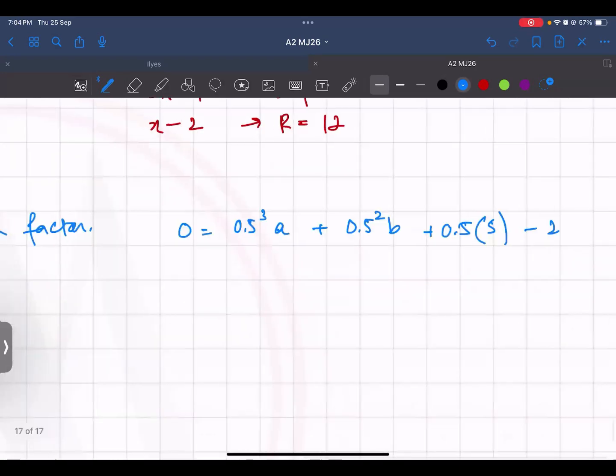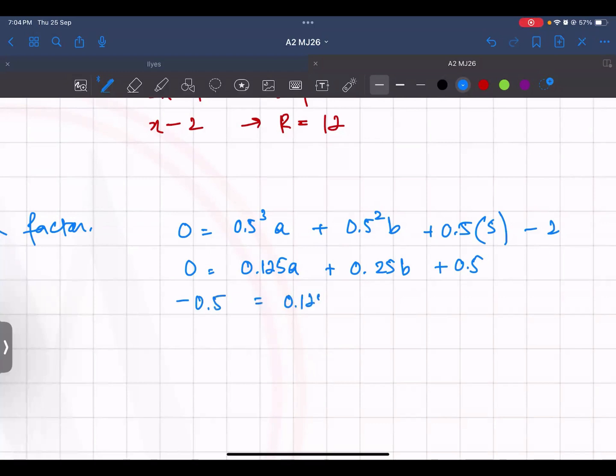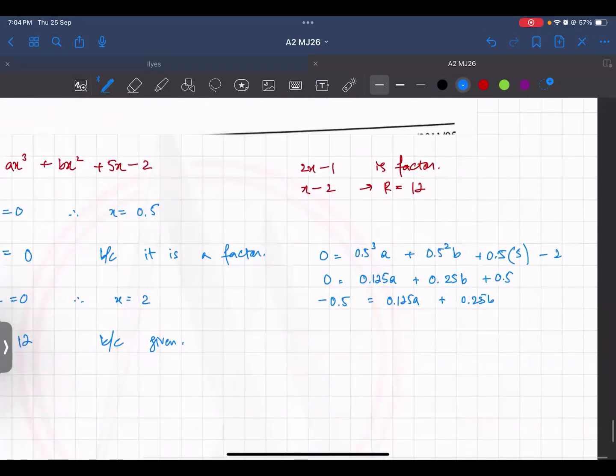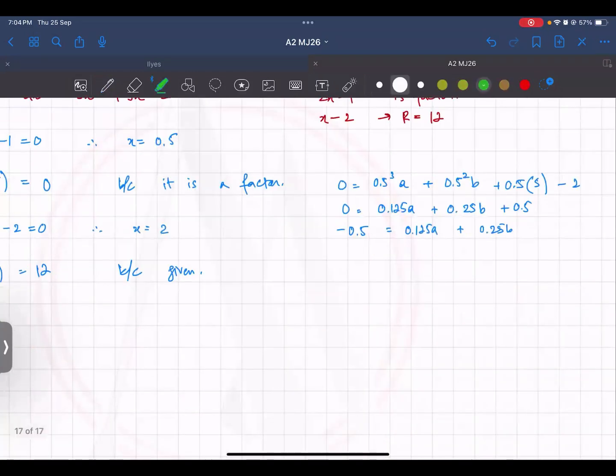You can use a calculator to simplify: 0.125a, 0.25b, and this would become 2.5 minus 2. So minus 0.5 equals 0.125a plus 0.25b. This is your first equation.